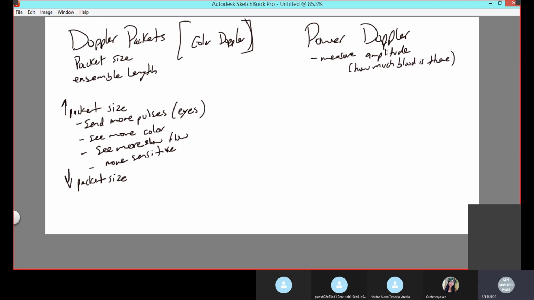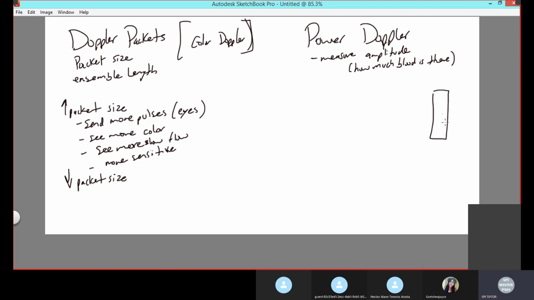And it does that by measuring the amplitude, essentially meaning that if there is a lot of blood there, it's going to create a very strong reflection. If there's a little bit of blood there, it's going to create a weak reflection. Okay, and a lot would be a bigger amplitude, a stronger amplitude. Lower would be a weaker amplitude.